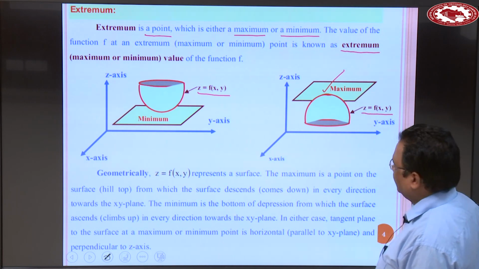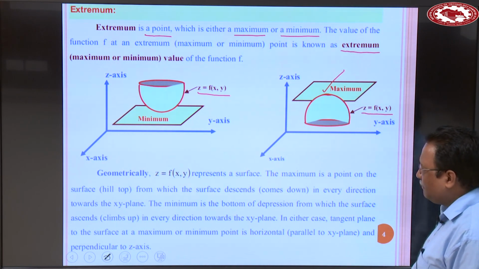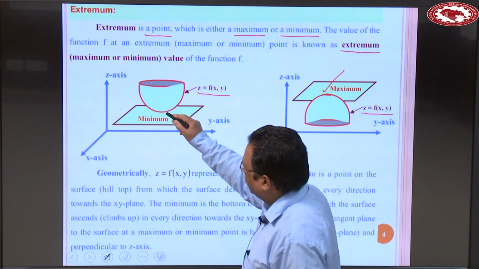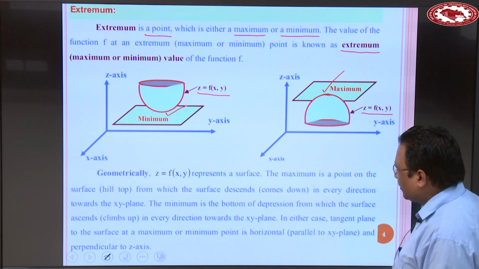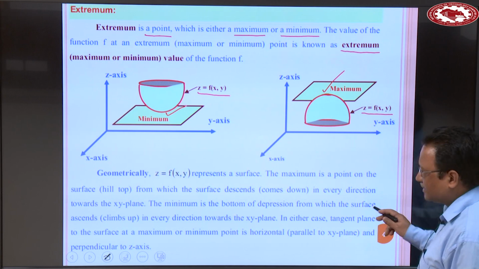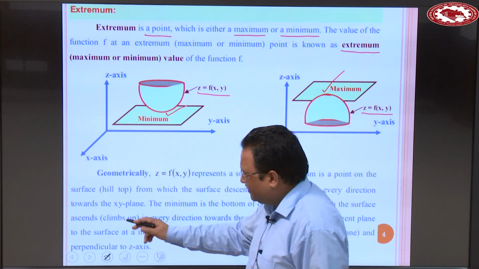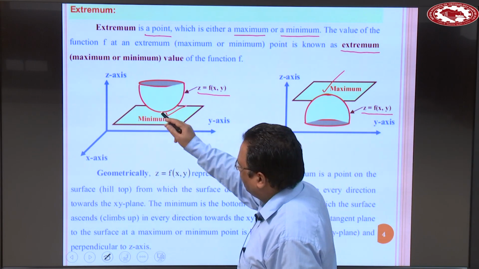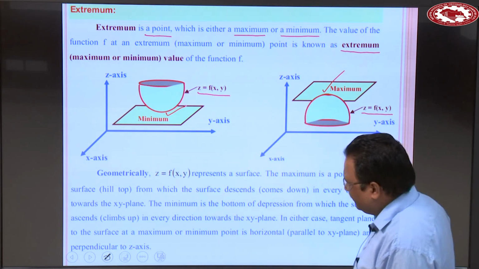The minimum is the bottom of a depression, from which the surface ascends, that is climbs up, in every direction.